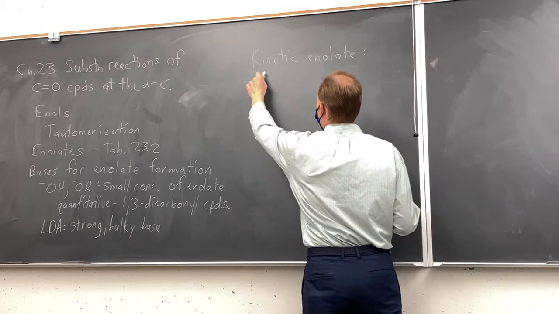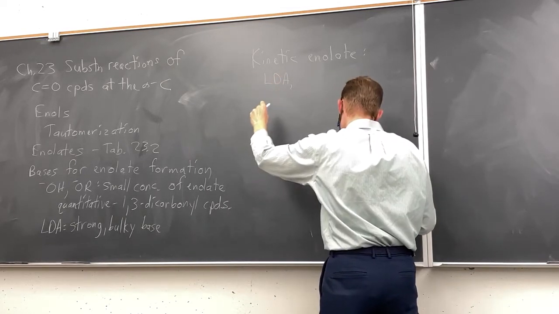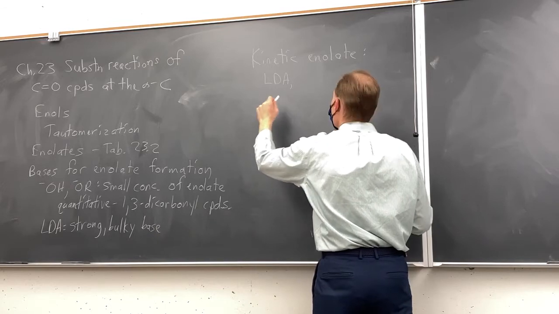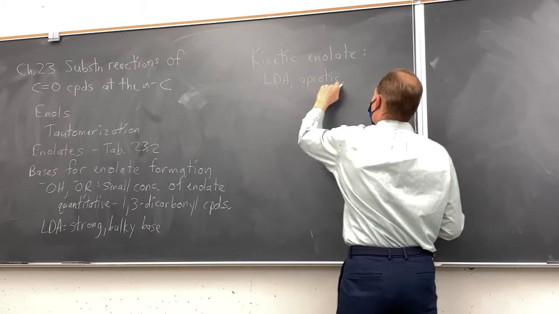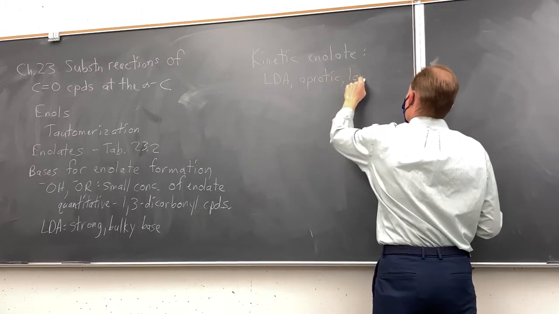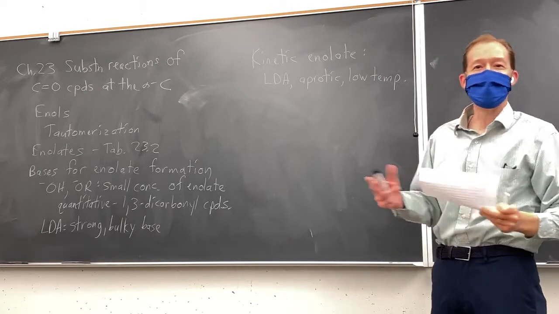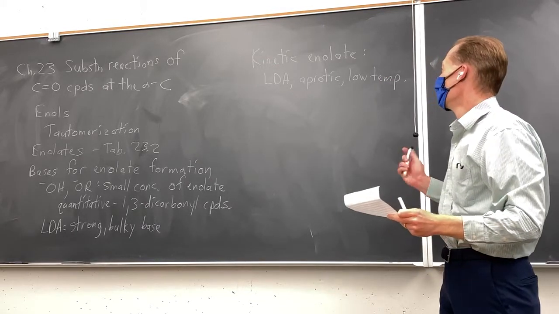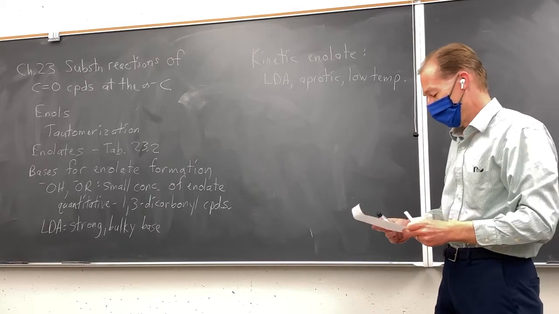And we said that if you're going to generate a kinetic enolate, you want to use LDA, you want to use an aprotic solvent, you want to use low temperatures. We explained why that was the case, so you should understand why these are the reaction conditions for generating kinetic enolates.